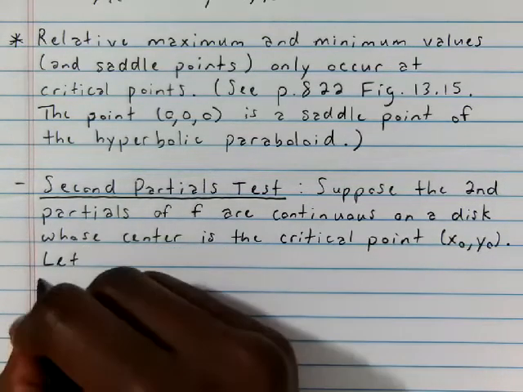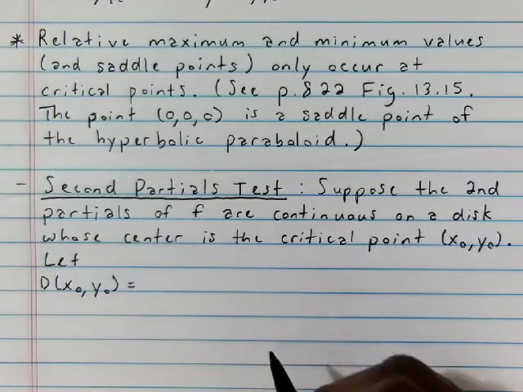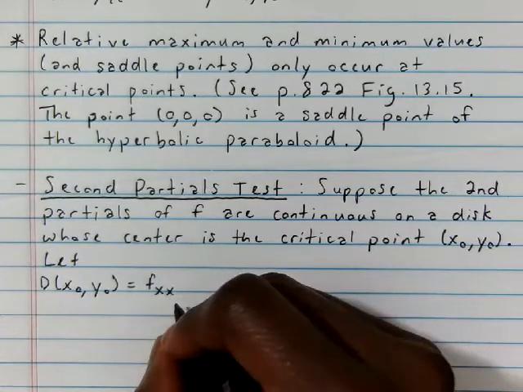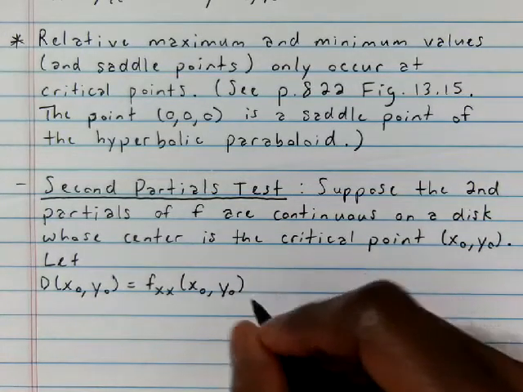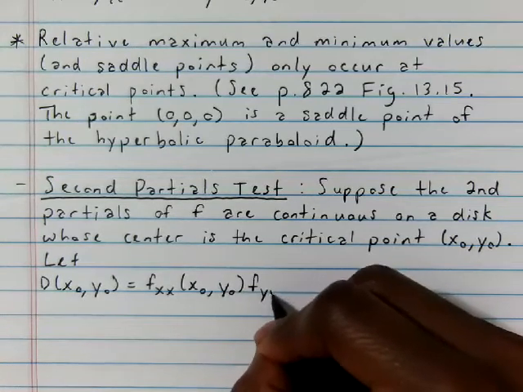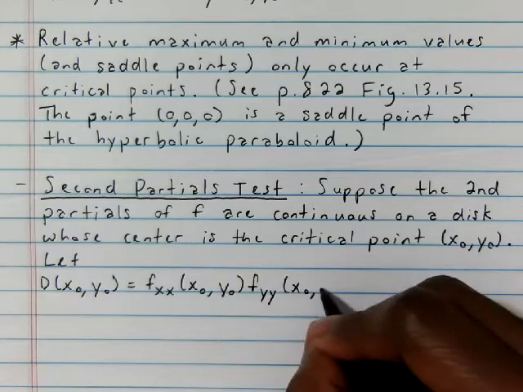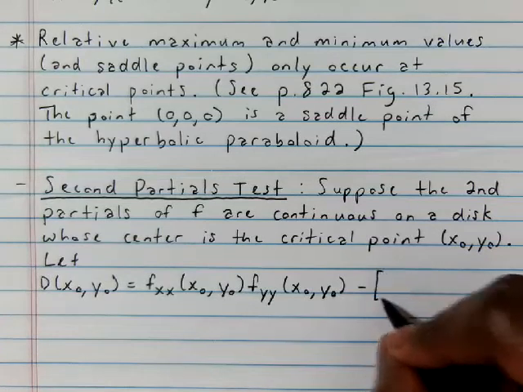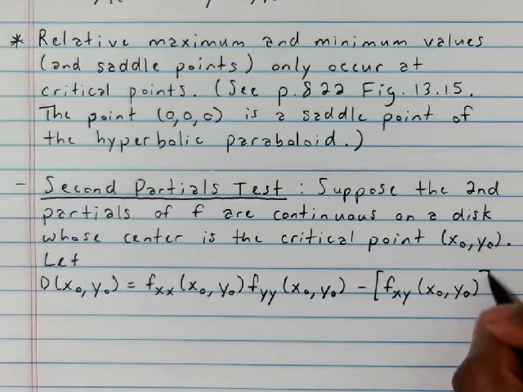Let D of (x naught, y naught) be equal to the second partial of f with respect to x evaluated at (x naught, y naught) times the second partial of f with respect to y evaluated at (x naught, y naught) minus the mixed partial f sub xy at (x naught, y naught).